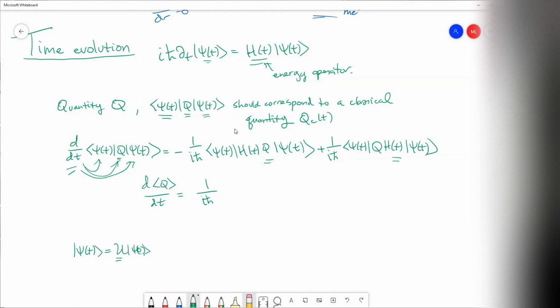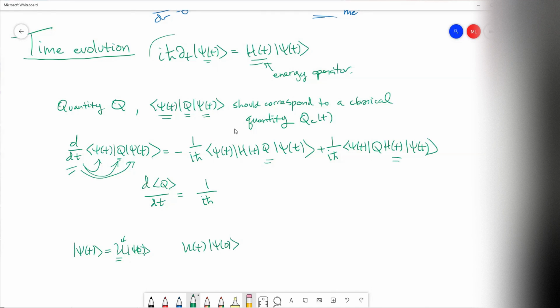So if you bring back these u's and use the Schrodinger equation, you can make the operators be the things that are time dependent, because now this u will be a function of time.